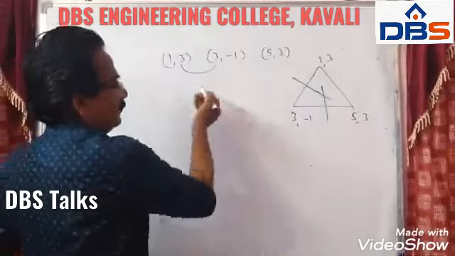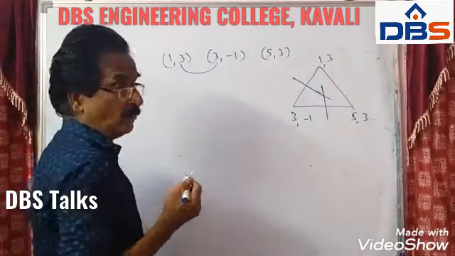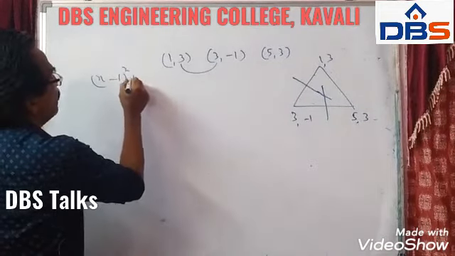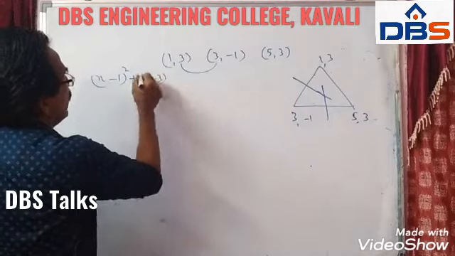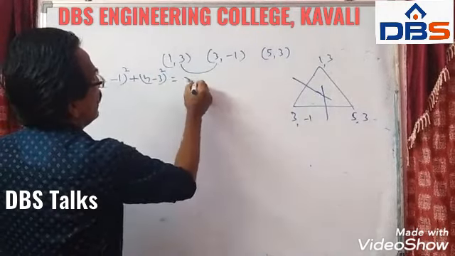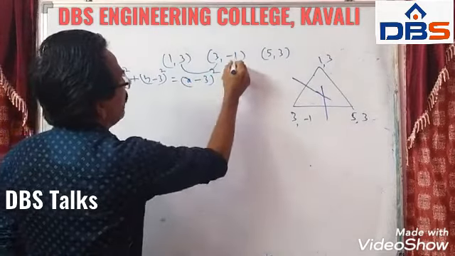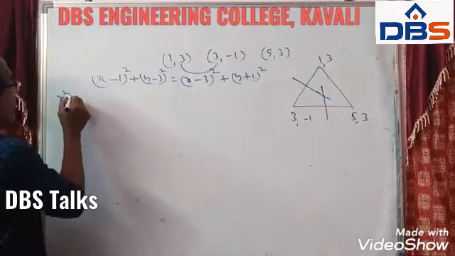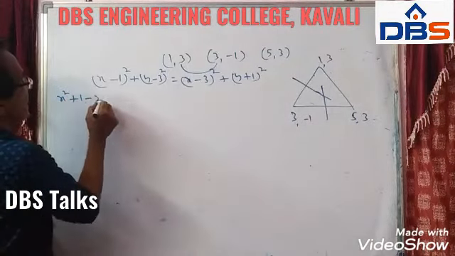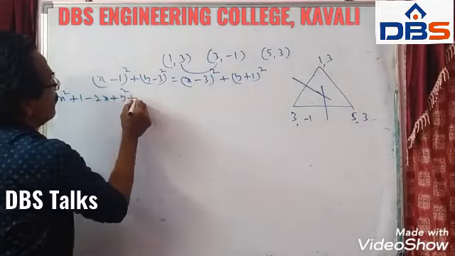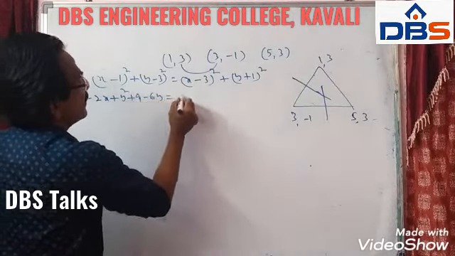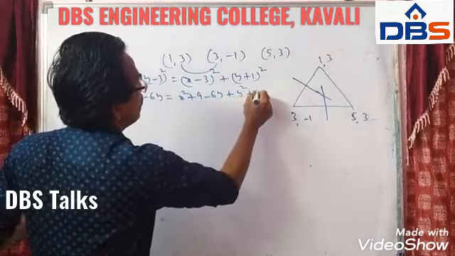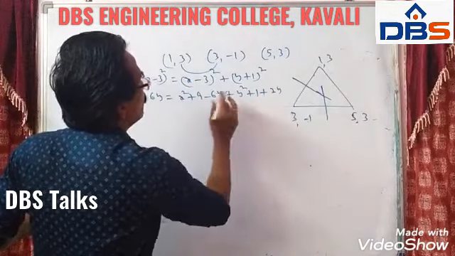Our equation is (x minus 1) whole square plus (y minus 3) whole square is equal to (x minus 3) whole square plus (y plus 1) whole square. x square plus 1 minus 2x plus y square plus 9 minus 6y is equal to x square plus 9 minus 6x plus y square plus 1 plus 2y.